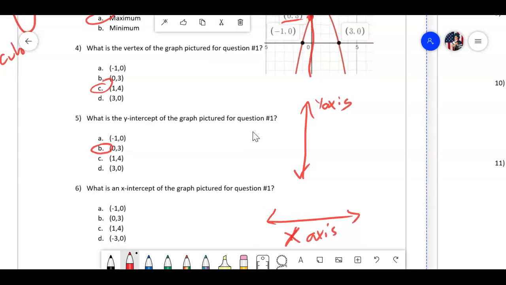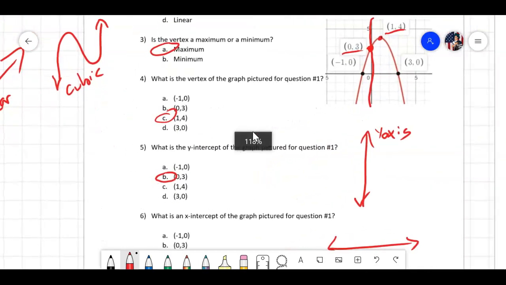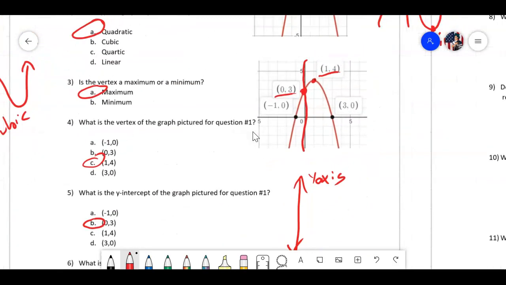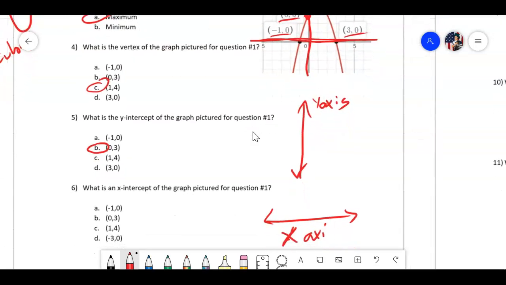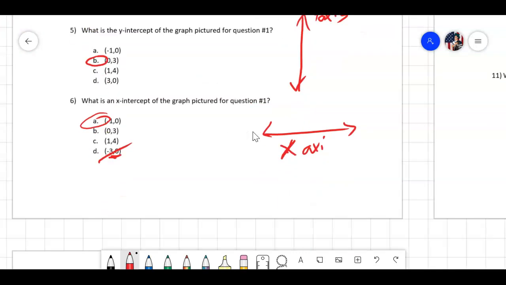So if I'm looking at this, x-axis goes from left to right. It's either -1, 0 or 3, 0. And the answer is going to be A, because that is not 3, 0. That's -3, 0. Cool.